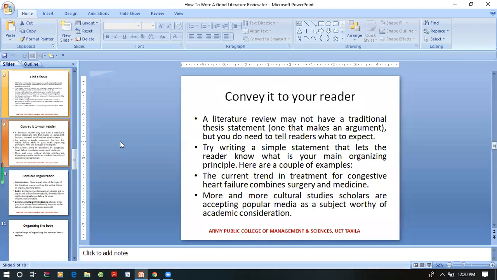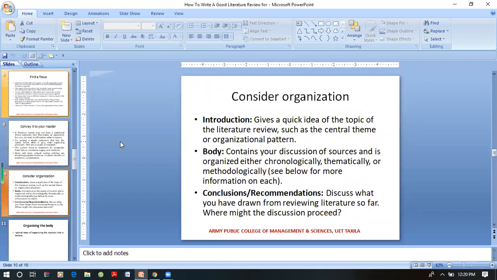The first one is the abstract, then the introduction, then the methodology or the body, and then the results and conclusion, right? So if we talk about the organization, can anyone tell me what an abstract is, that we studied two weeks before?